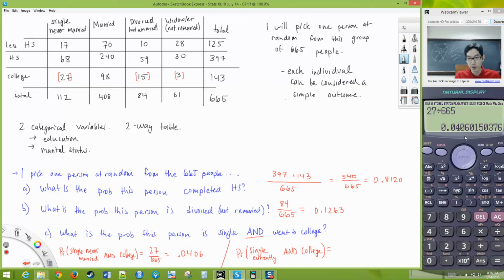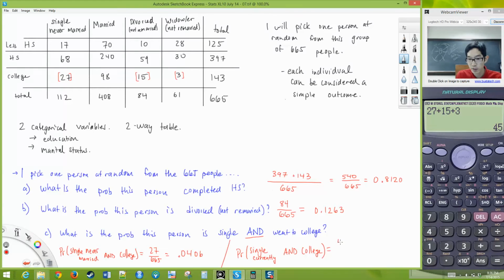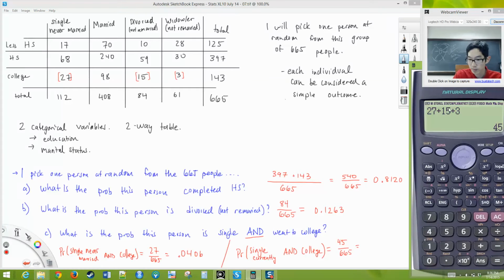And so we would have 27 plus 15 plus 3 would be 45 divided by 665. And I get 0.067669, so that would round off to 0.0677.